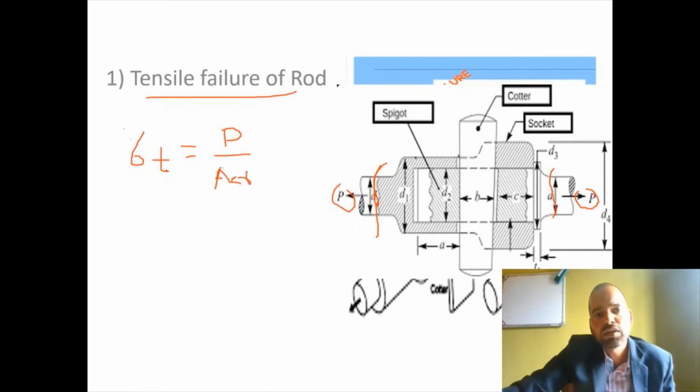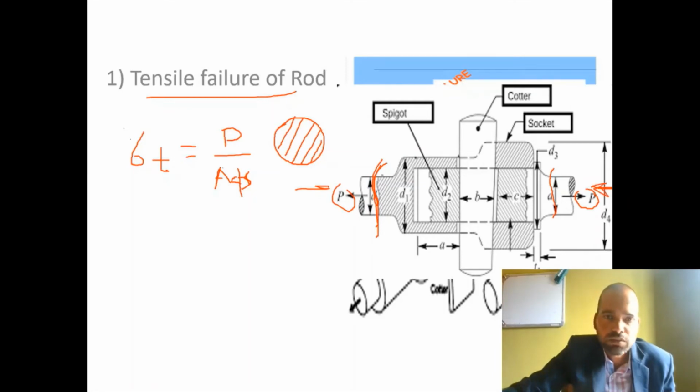So applied force P divided by cross-sectional area. Now what is meant by cross-sectional area? The cross-sectional area of this rod is a circular cross-section, right? This hatching indicates that this component is going to be broken at this portion, and if you see from this side, this will look like a circular cross-section having diameter D. So what is the cross-sectional area for that diameter?